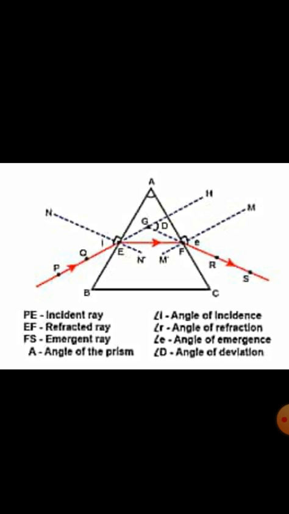You have to view the pins that we placed on the incident ray from the other refracting surface AC. You will find the images of the pins placed on the incident ray when you look through the prism.